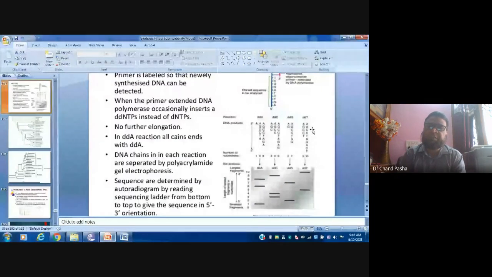This fragment is separated, and it gives you information based on its size. We'll be able to tell that at that particular fragment this nucleotide is there. This is also called endpoint sequencing.